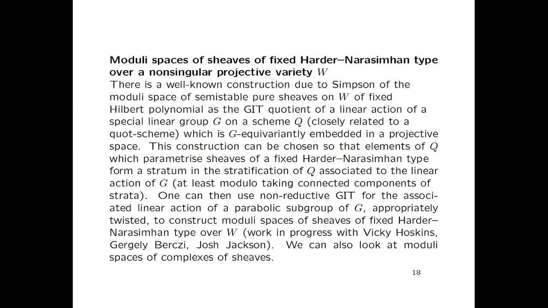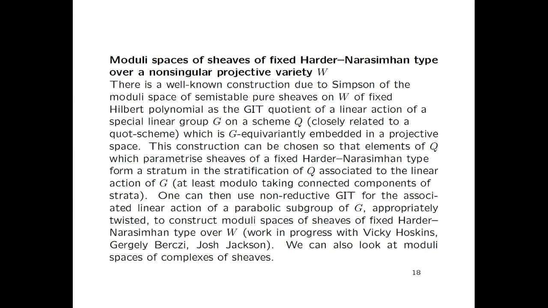You can set up this construction so that if you're interested in sheaves of fixed Harder-Narasimhan type, then they form a stratum in the stratification of this Q as I was just describing. And so then you can use the non-reductive GIT, for the associated parabolic, to try and construct moduli spaces of sheaves of this fixed Harder-Narasimhan type.